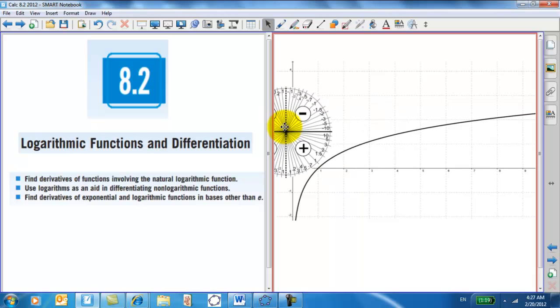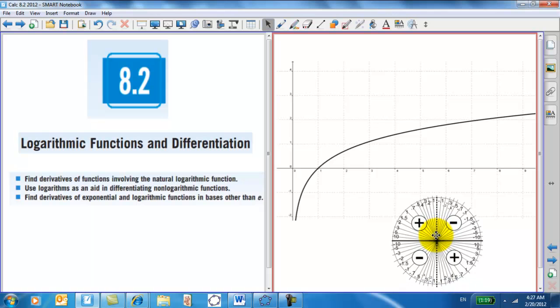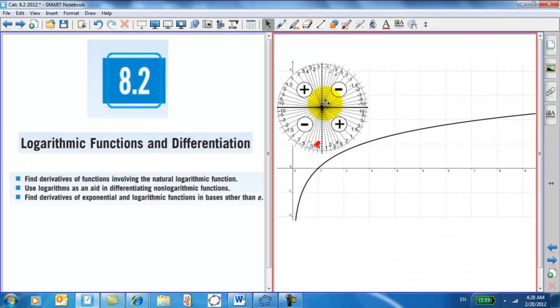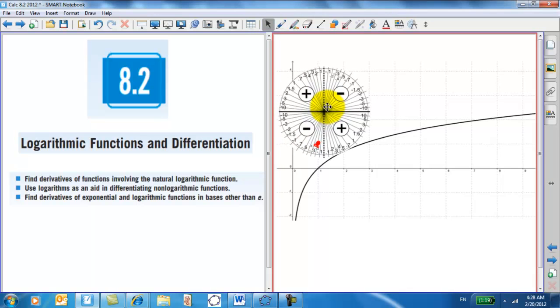Notice here at x equals 1 we have a slope of 1. Let's plot that. At 1 you get 1. At 2 it looks like a slope of half, 1/2.